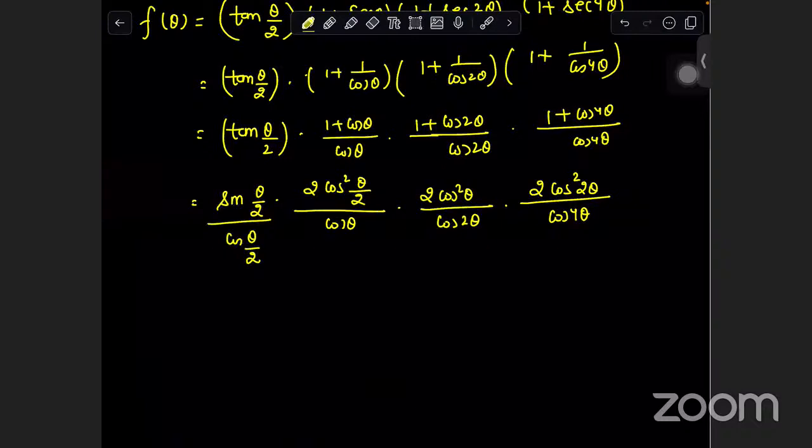Now see, a few terms are getting cancelled. Cos(theta/2) is cancelled by the half power of cos theta. Cos theta is cancelled by this. Cos 2 theta is cancelled by this. Got it?